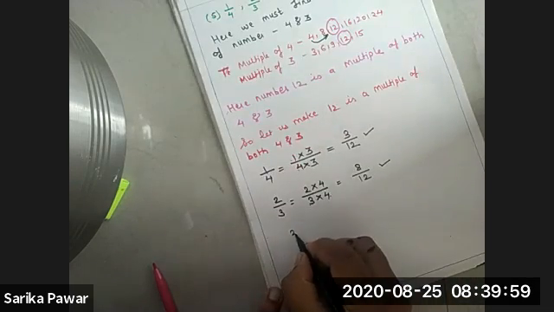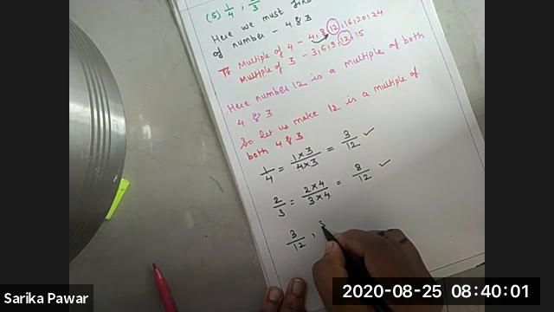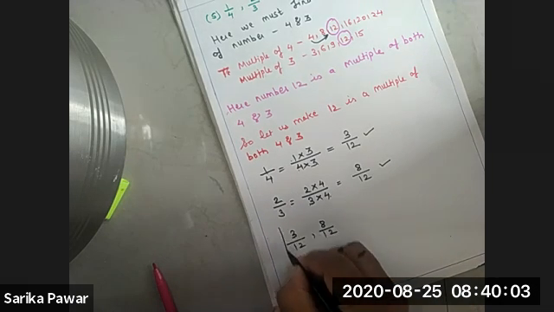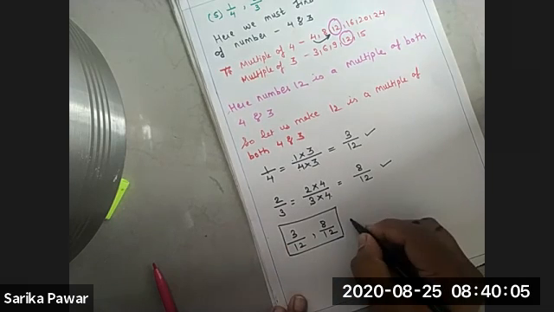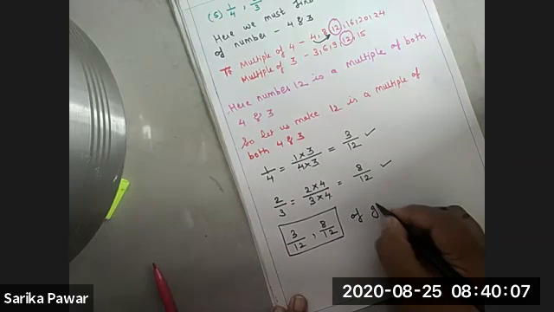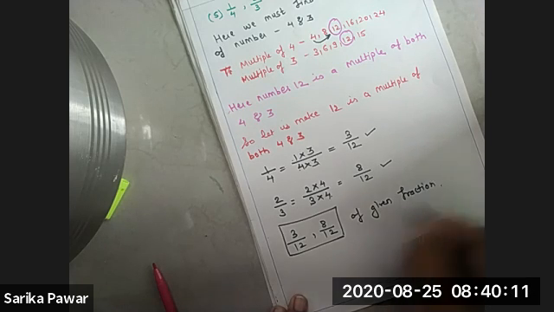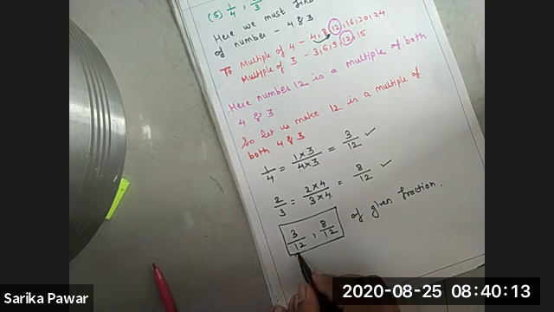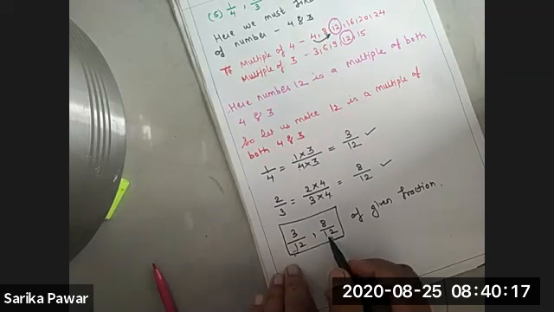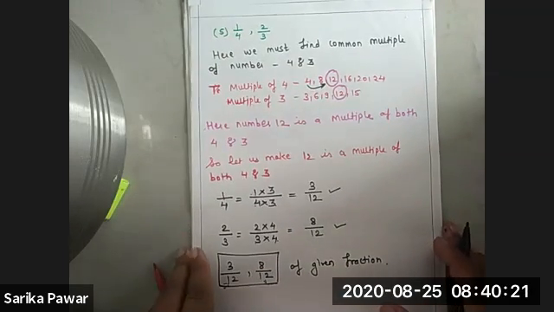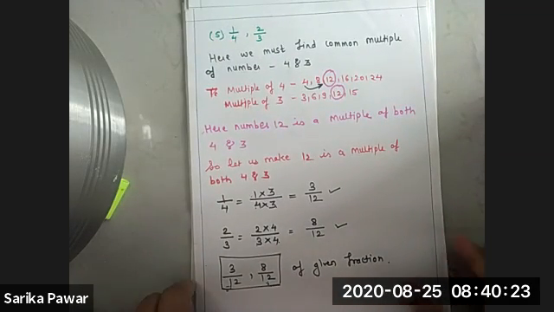See, 3 upon 12 and 8 upon 12 is the answer for the given fractions. We converted them into like fractions because both the denominators are 12, and that is what we want. Take a screenshot of it if you want, otherwise write it down.